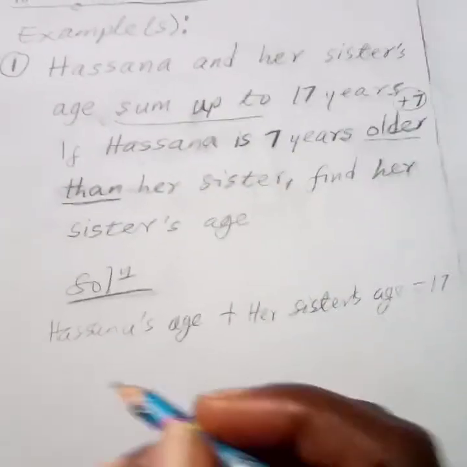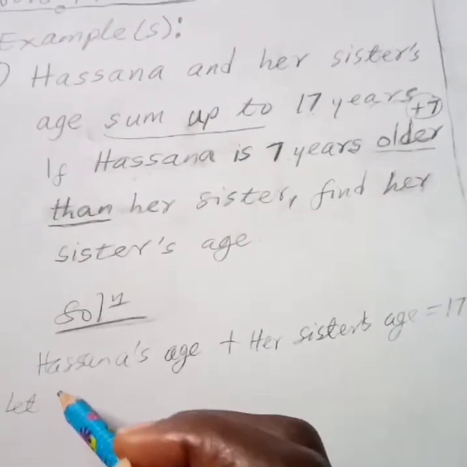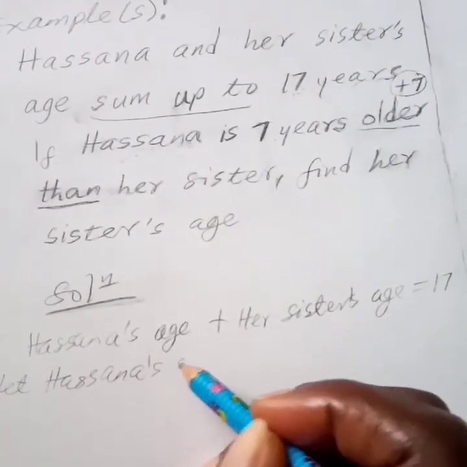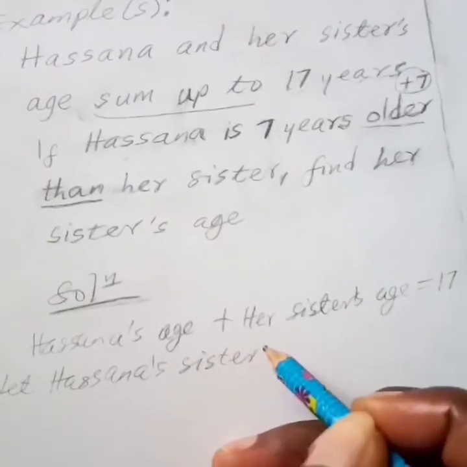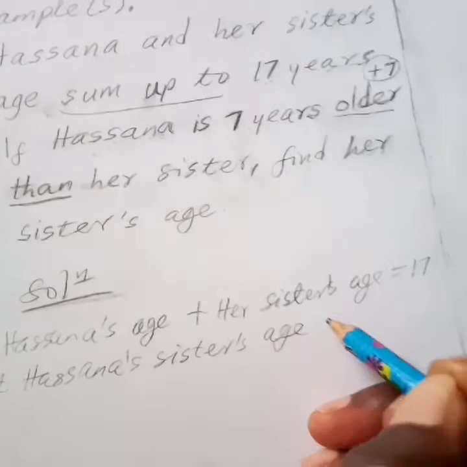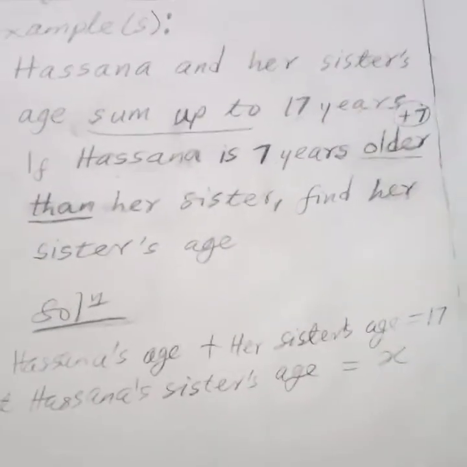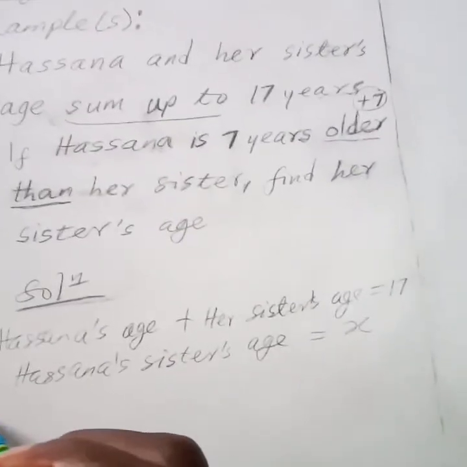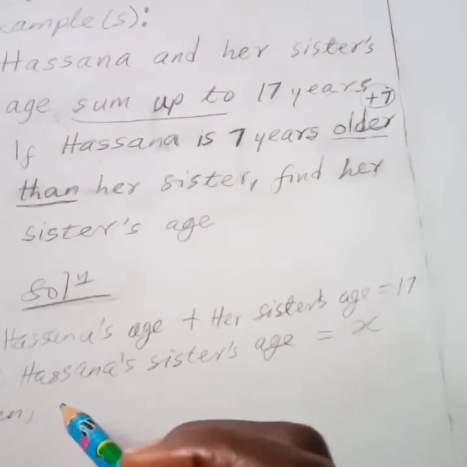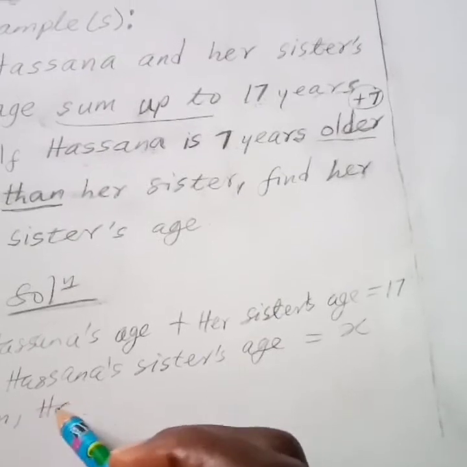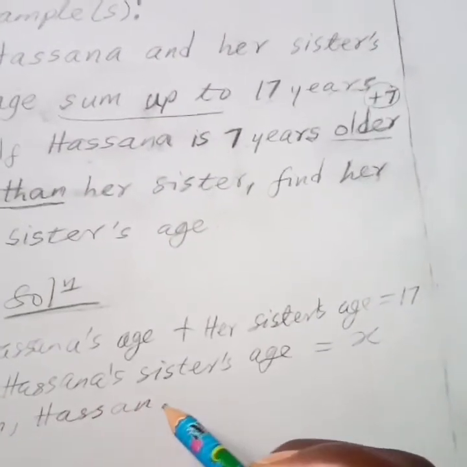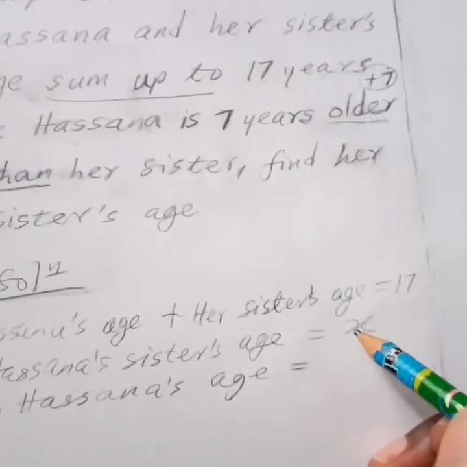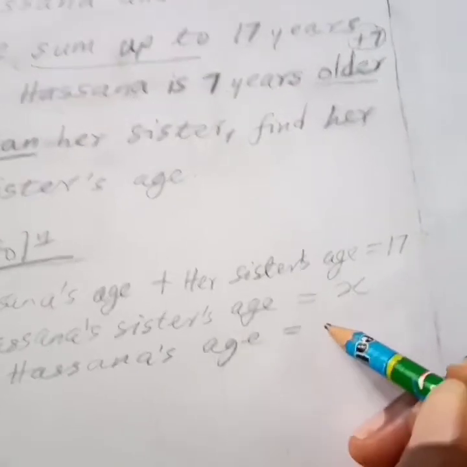So let Hasana's sister's age be S. Then we can say that Hasana's age is S plus 7 from the question.